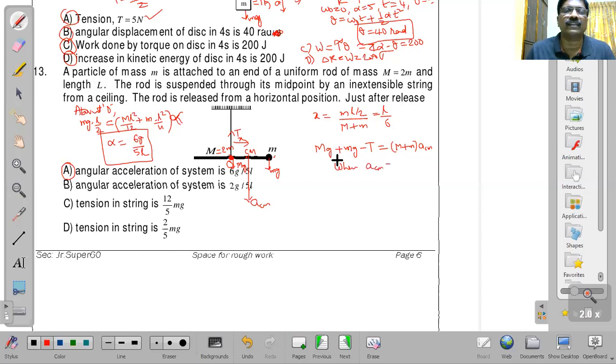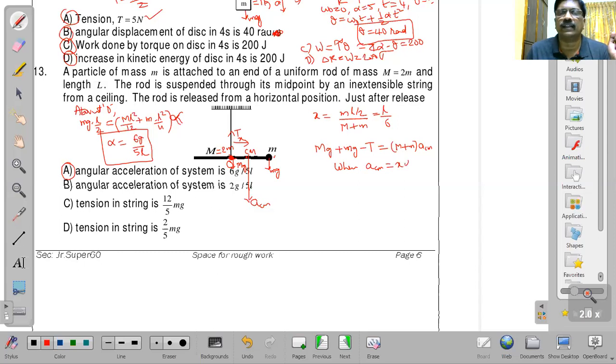Angular acceleration remains constant, even for the center of mass. So ACM is equal to R alpha, because the acceleration of the center of mass is along the tangential direction at that point as it rotates.